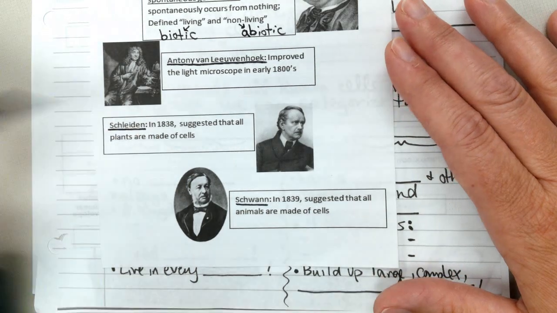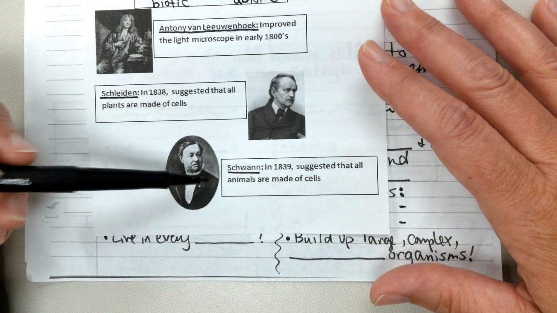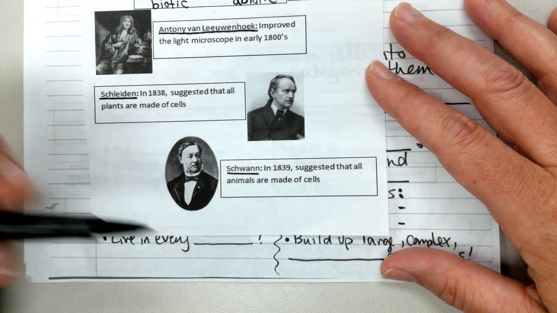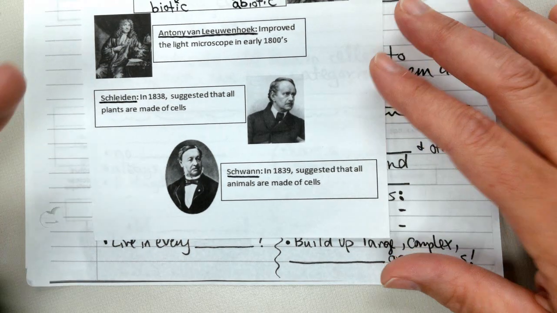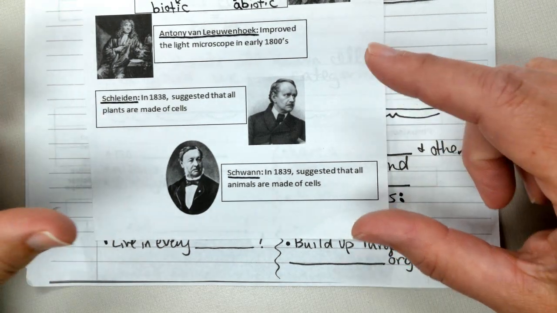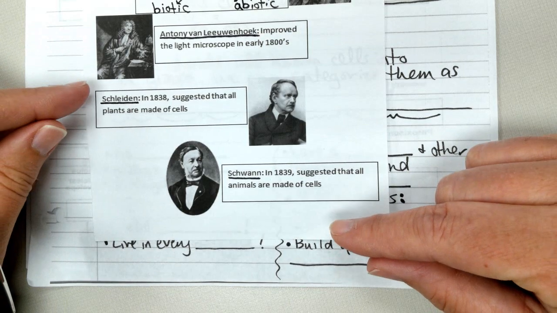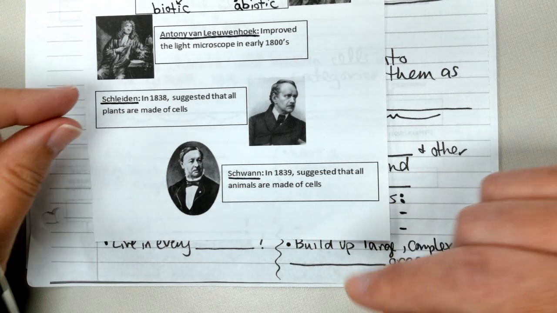So he says, every plant's made of cells. They're in every single plant that I've ever studied. Schwann, like I said, sounds like swan. He made the determination that all animal tissue that he had studied was made of cells. So we still weren't studying bacteria really at the moment, but they led us to the two big groups of life that we knew and classified at the beginning, plants and animals.